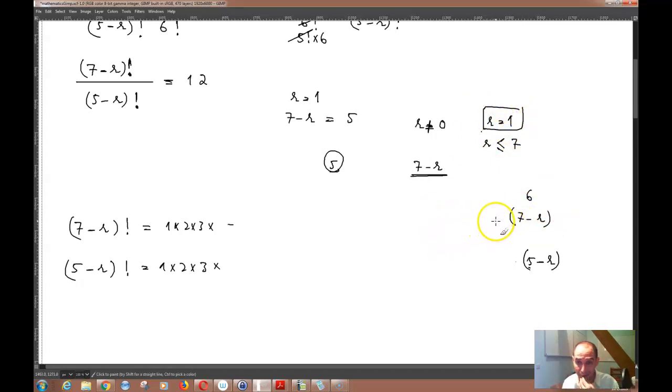Over here, if I keep the same value for r, of course the value of the expression has to become 5. So I've written a 5 over here, 7 minus r, and r has the same value.